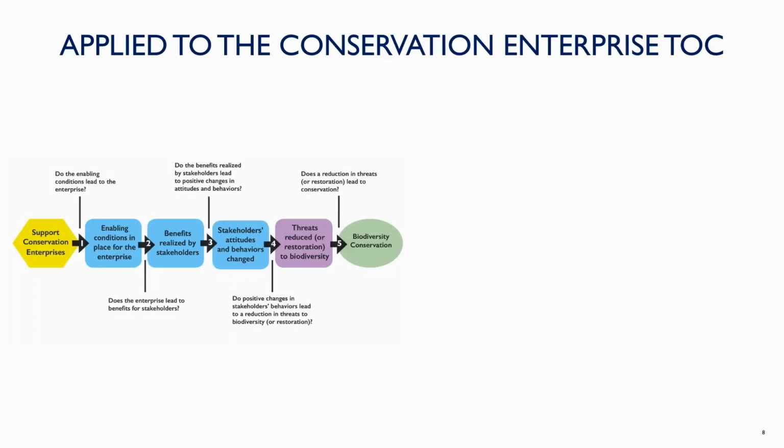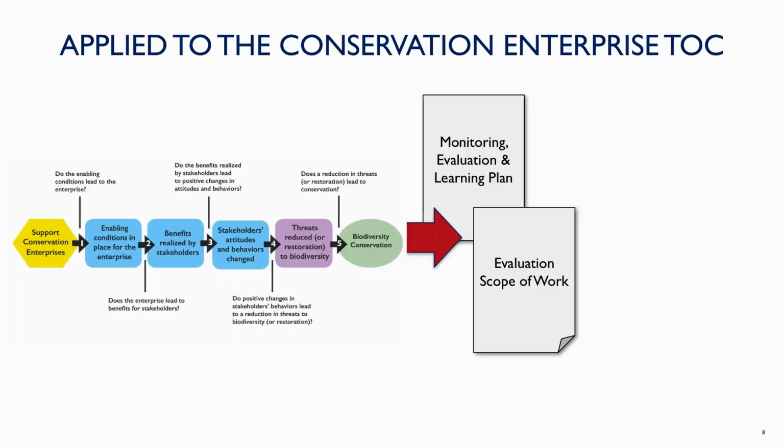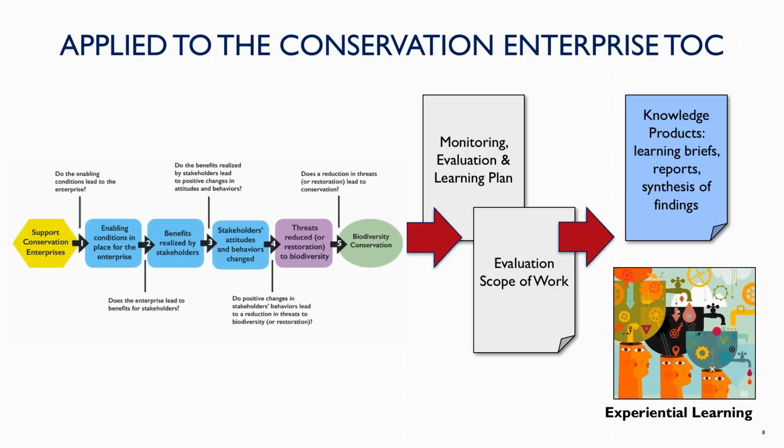So in today's presentation, we're going to talk about operationalizing this. So going from the theory of change from our learning group, and then thinking about how you can use this to develop your core products for MEL, your plans and evaluation scopes of work, and then also how that can be used to direct planning for knowledge products and then experiential learning.